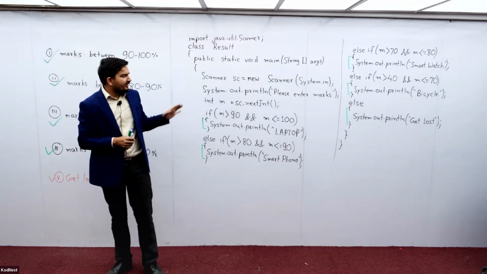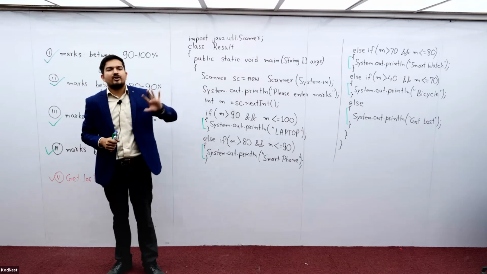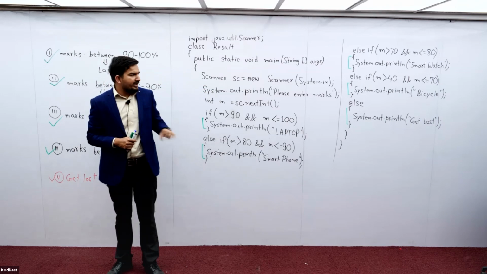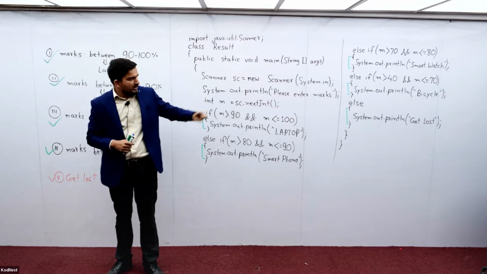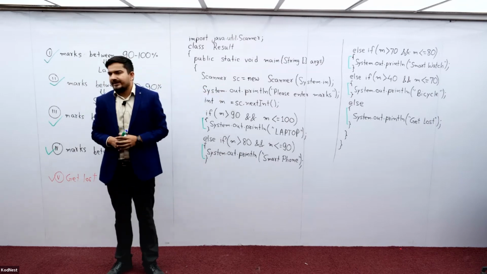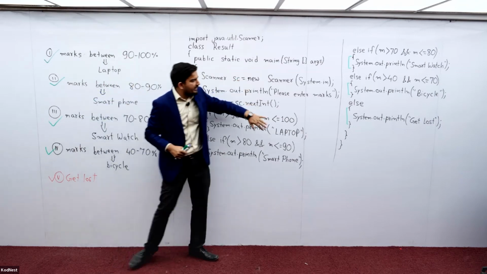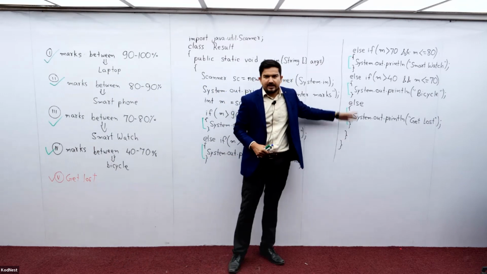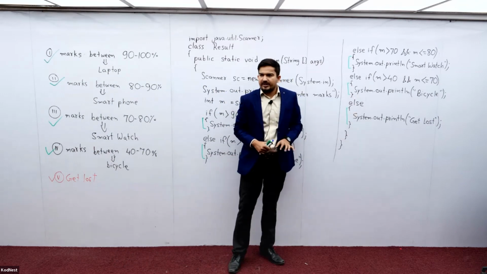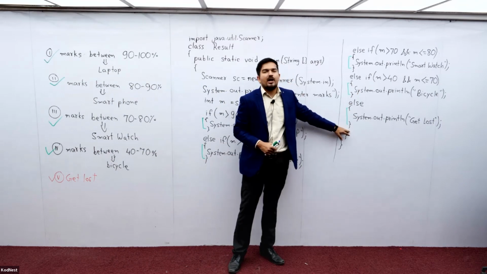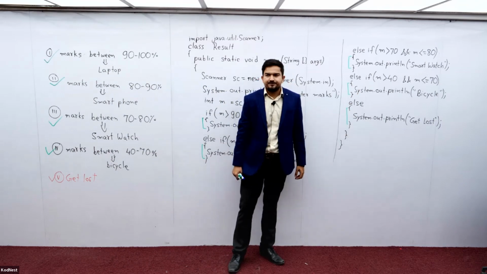Whichever condition is true, that particular block will only get executed. Only if none of the conditions is true, the else block is going to get executed. Once one of the blocks is executed, control will directly go to the last, after the else if ladder. Even if one of the conditions is true, control will directly go outside the else if ladder.